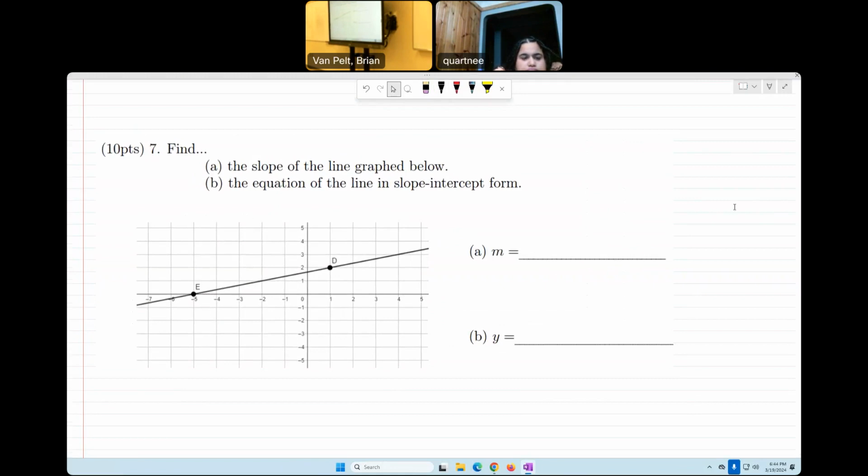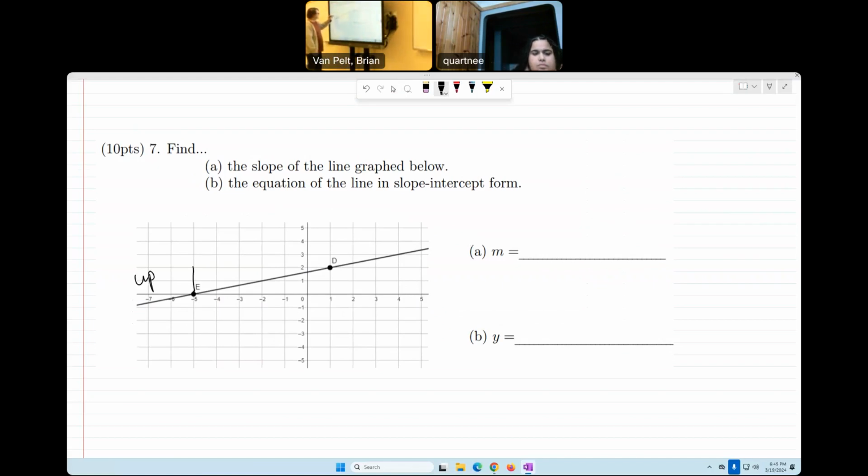Can anybody tell me what the M is? Rise over run. Rise over 6. So 1/3. Start with the left point over here. To get from this point, E to D, I need to go up 2 units, correct?